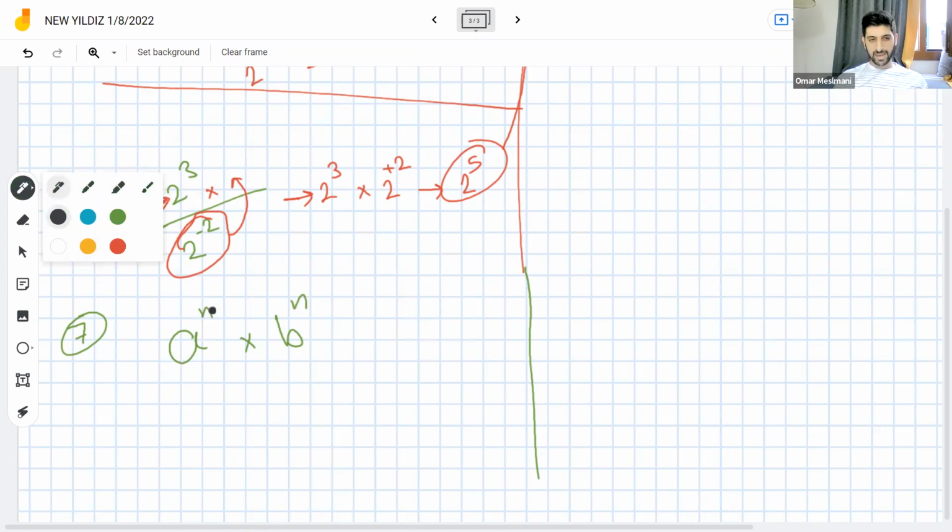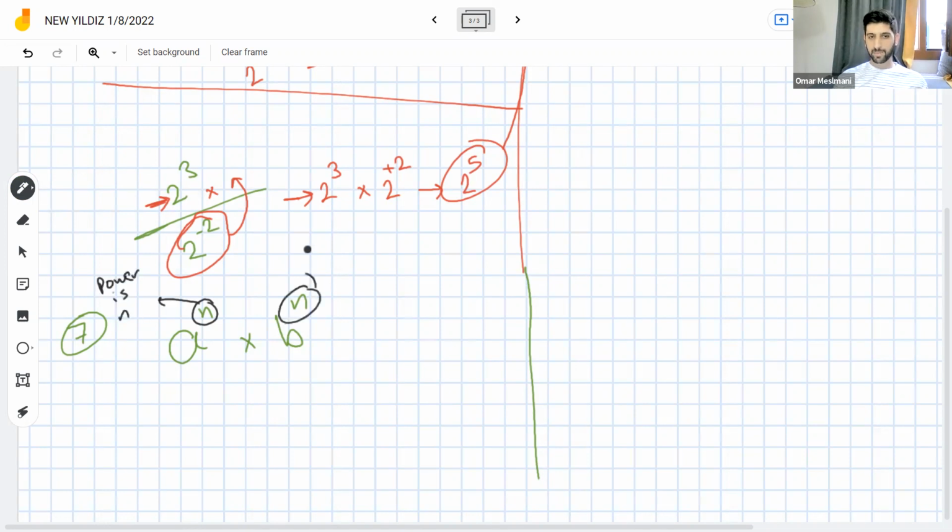So now I can say here, I don't have a same base, I have a same power.